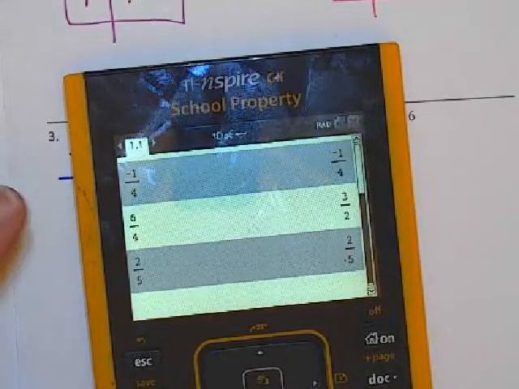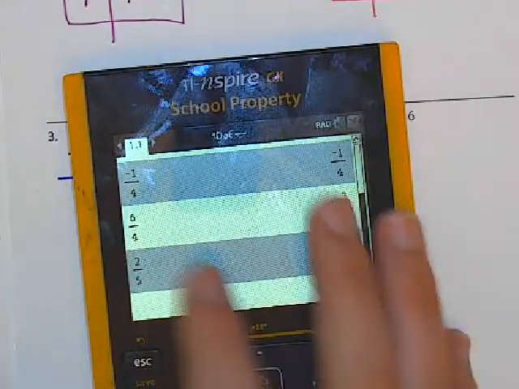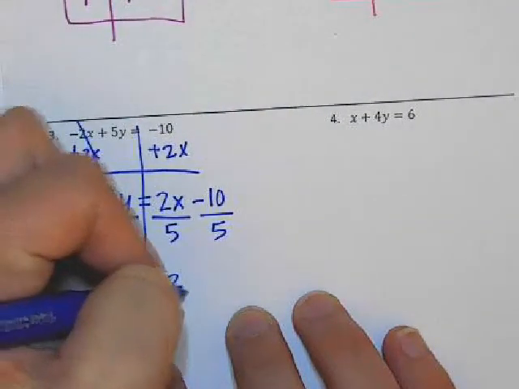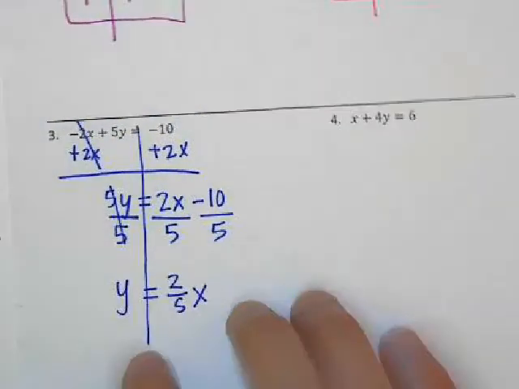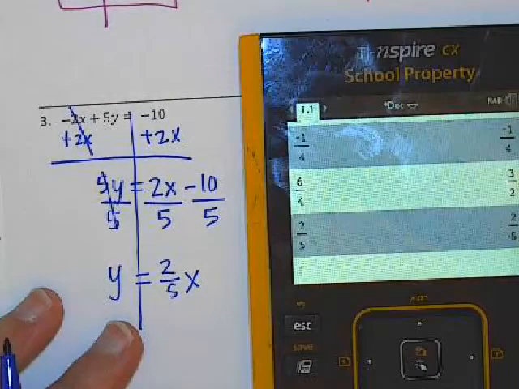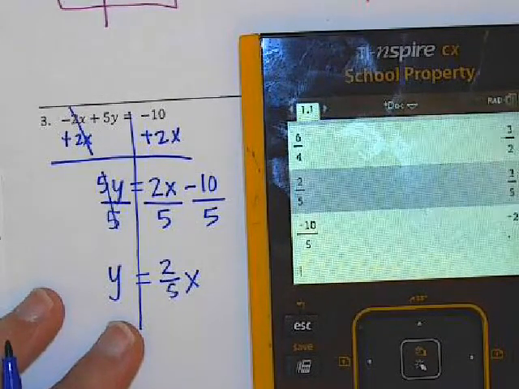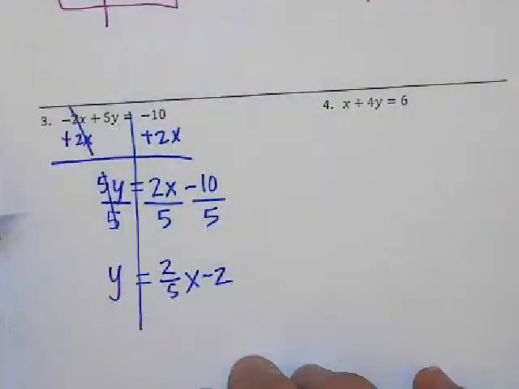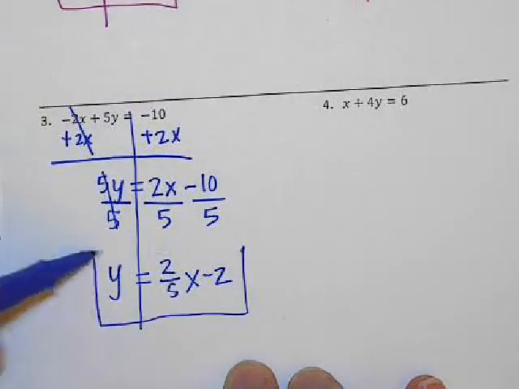Or I could put a decimal, but I'll explain it in a second. Keep it as a fraction for right now. Then I've got negative 10 over 5, which is negative 2, so minus 2. Is y by itself? Yes.